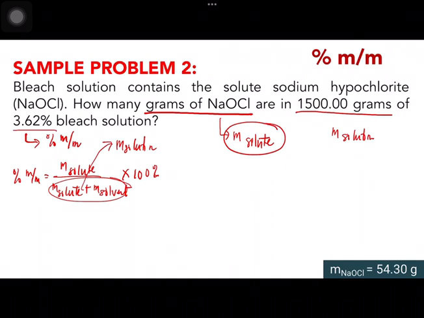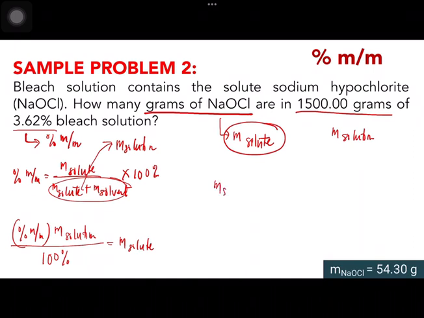So, kailangan natin na makuha yung mass of solute. So, kailangan natin i-rearrange yung equation. So, dapat marunong kayo mag-manipulate. So, you just multiply percent by mass times the mass of your solution. Tapos, i-divide natin siya by 100%. So, that gives you the mass of your solute.